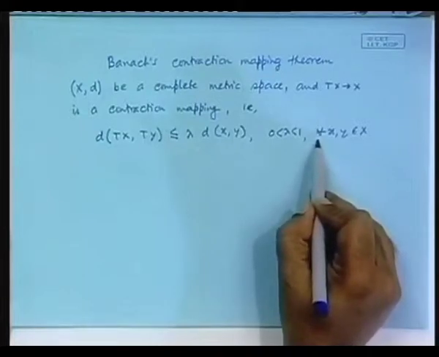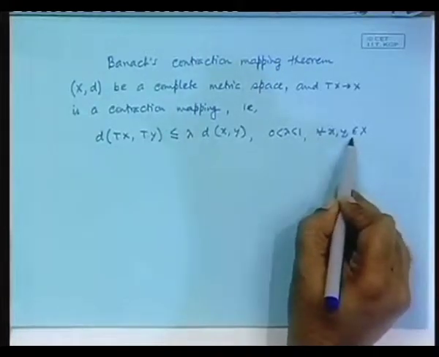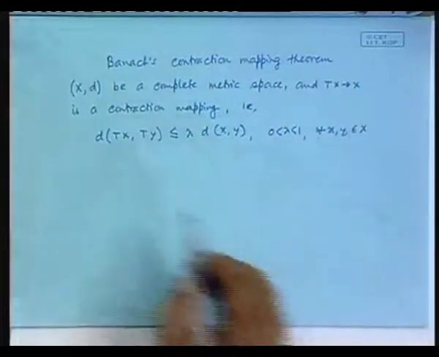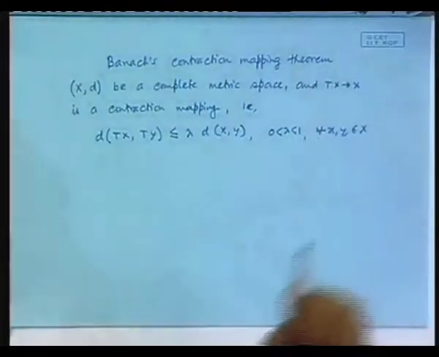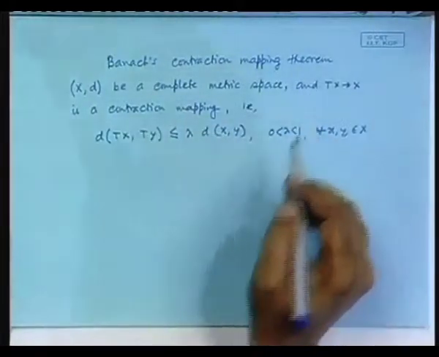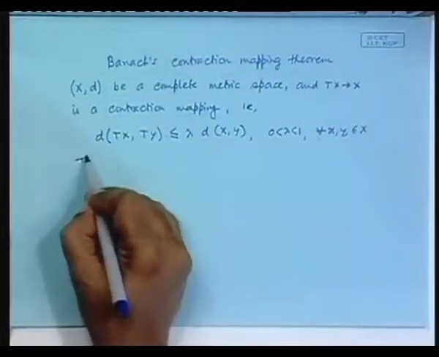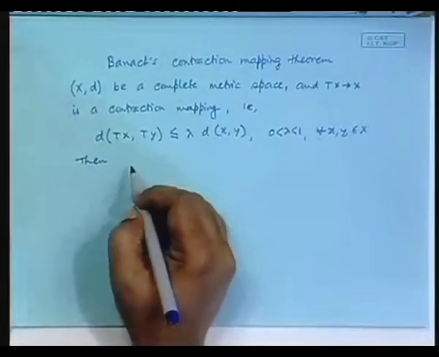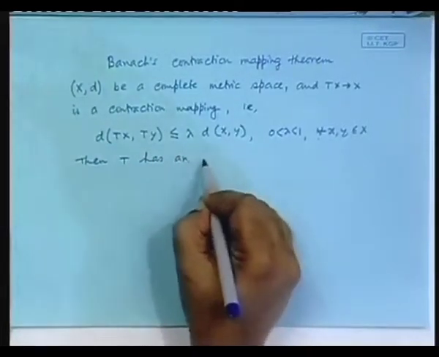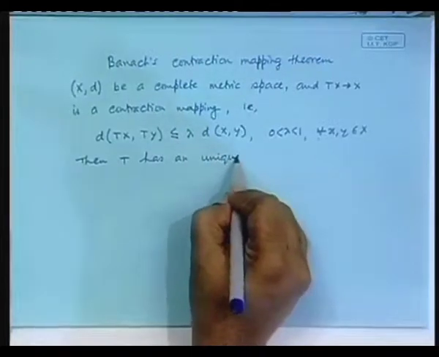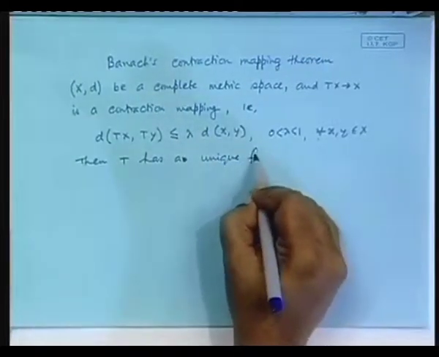This is the notation for 'for every'. This is 'a member of the set'. So, okay. Now, the statement of this Banach contraction mapping theorem is that if this is true, then T has a unique fixed point.